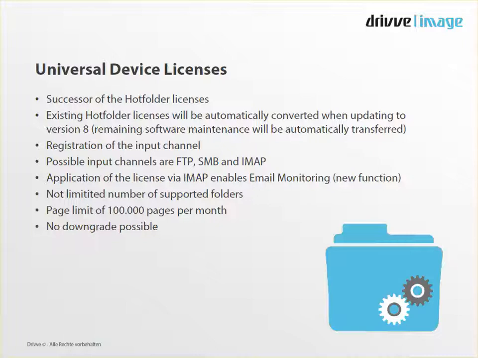You can't do that without noticing, because when you update an installation including hot folder licenses, there will be a message, a warning that tells you, hey, right this small moment, all your hot folder licenses will be converted to universal device licenses, okay?